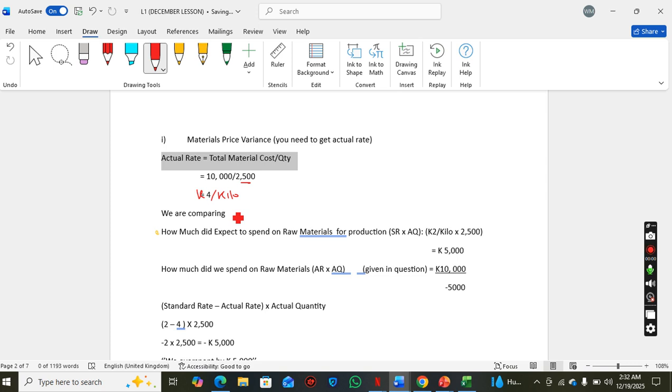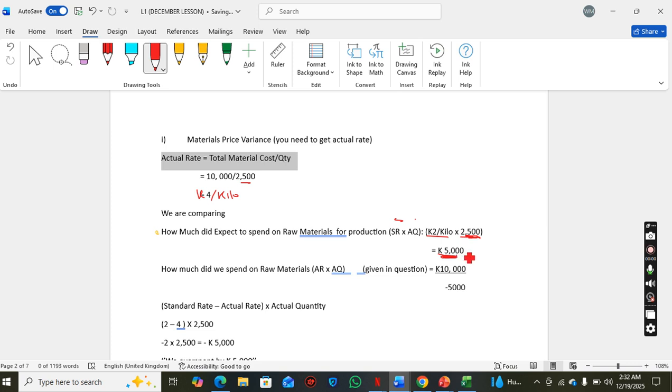So if you ask how much we expected to spend on raw materials, with our standard rate we expected to pay 2 kwacha per kilo, and with the 2,500 kg that we used, what we expected to spend was 5,000 kwacha.